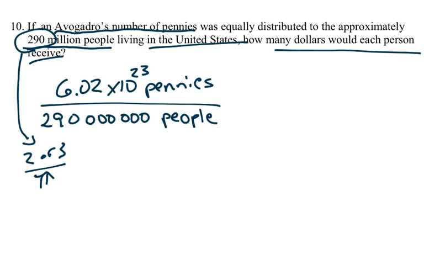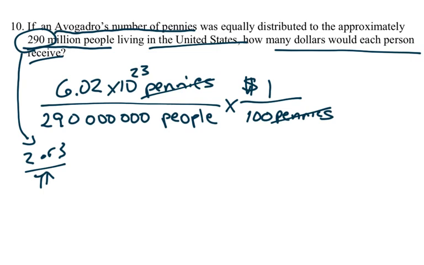If we figured this out right now, we would have pennies per person. And so we need to go, there's 100 pennies in $1. Pennies go away, and this will give us dollars per person, which is what it's asking for.